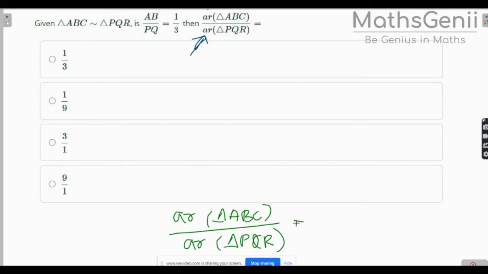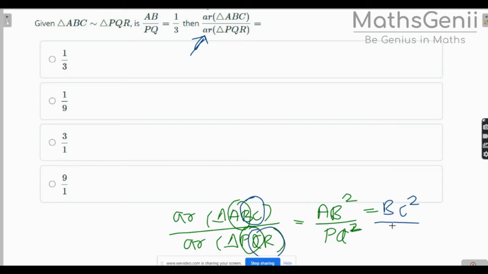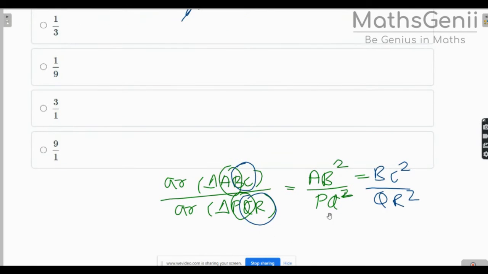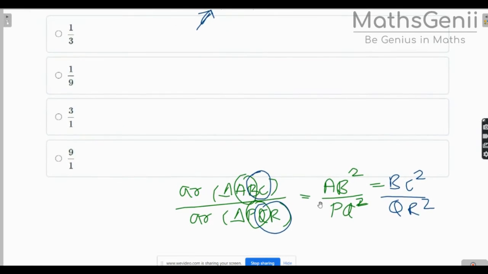You know what I can write in this case? Very simple. I can write AB square upon PQ square, or I can write BC square upon QR square. Now this is not required here. This is just extra knowledge.